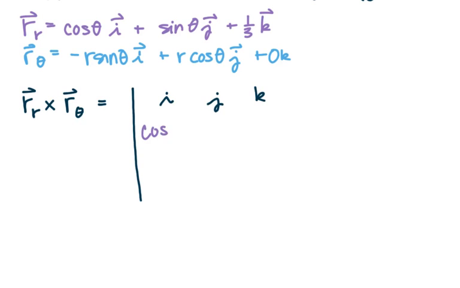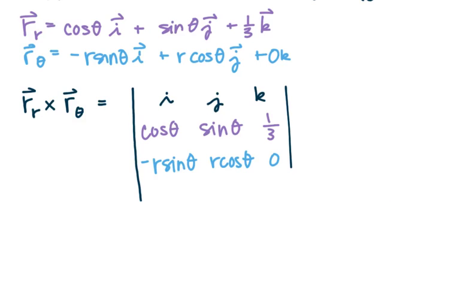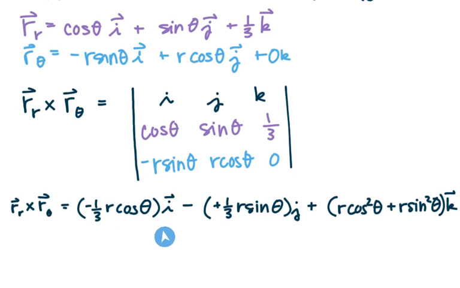So I've got cosine theta, sine theta, and 1/3, and then negative r sine theta, r cosine theta, and 0, which looks like this. So when we are dealing with the i term, we're going to have 0 times 1/3 minus r cosine theta, we'll be subtracting that, so it's negative.